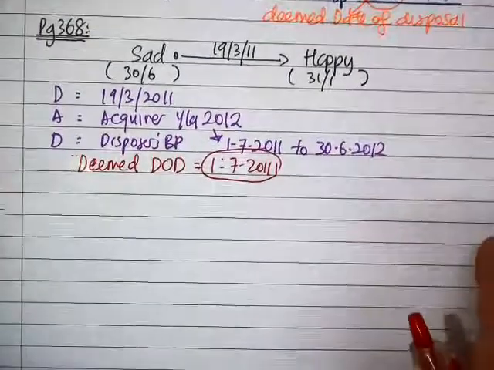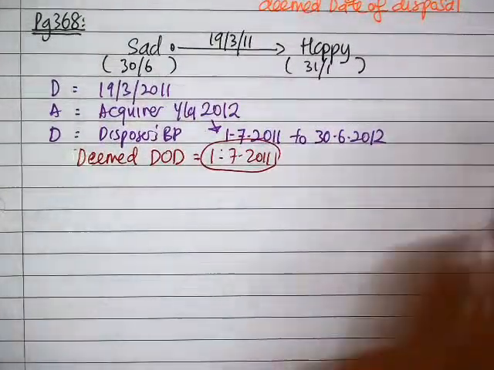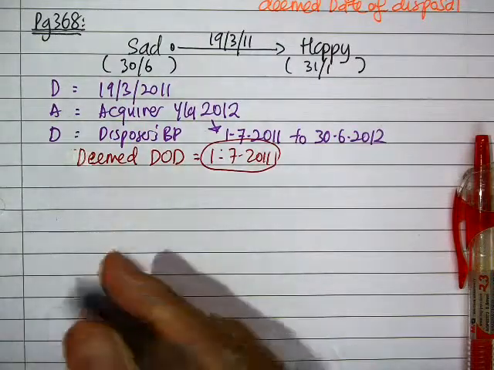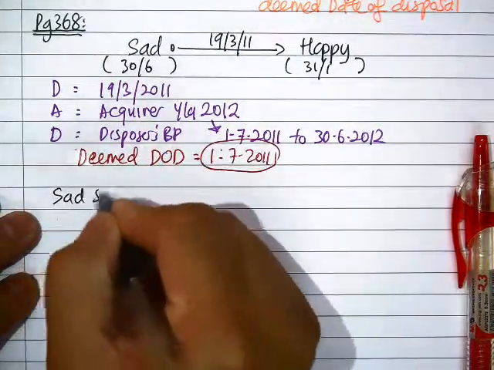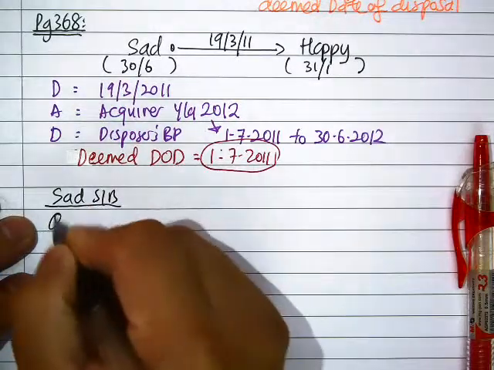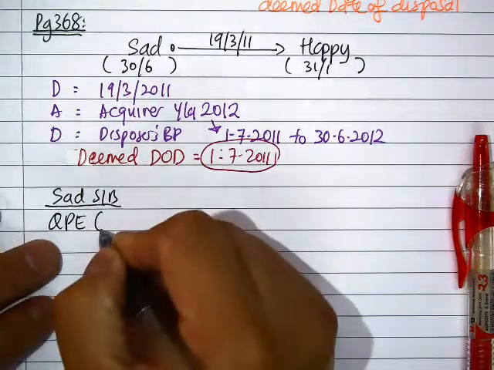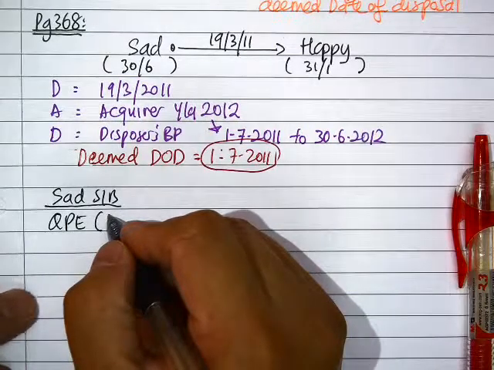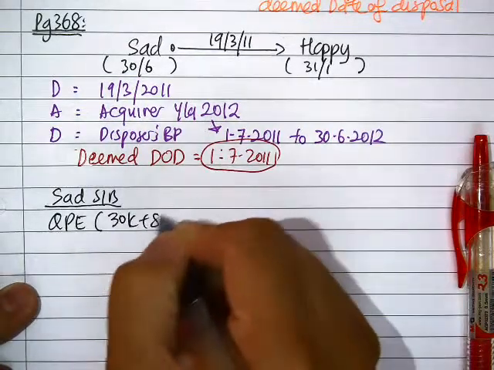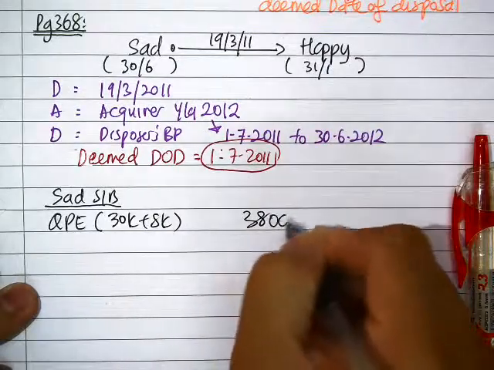Now then, what's the value that SAT is going to dispose? Now you just work out and see. If I'm going to calculate the RE here, okay? Now SAT bought this for 30 plus 8, 38,000.